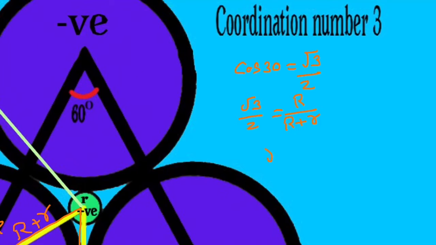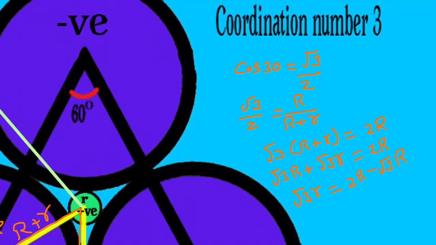So root 3 times capital R plus small r is equal to 2R. So root 3 R plus root 3 small r is equal to 2R. Now root 3 small r is equal to 2R minus root 3 R.